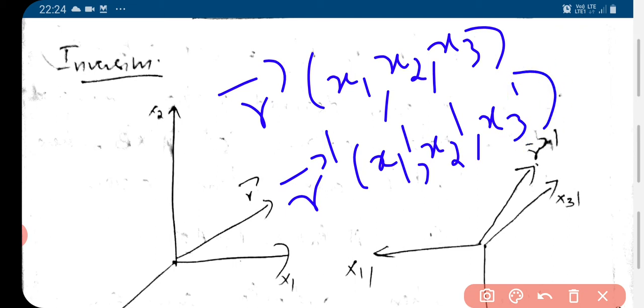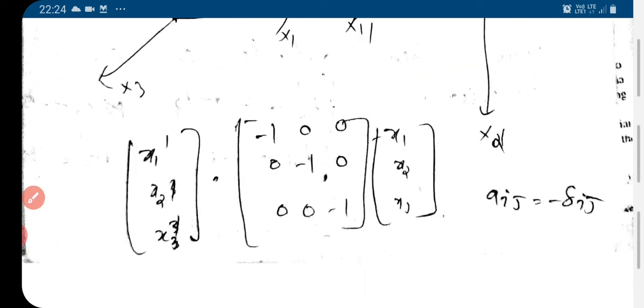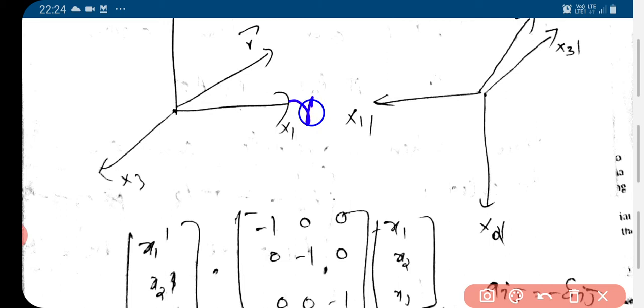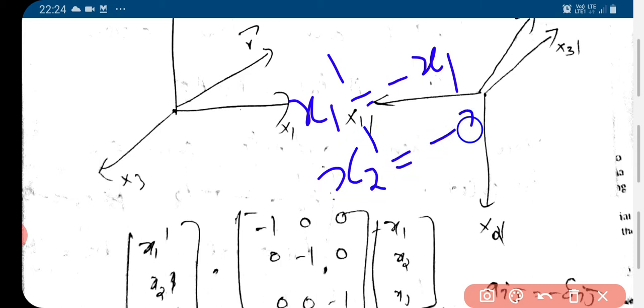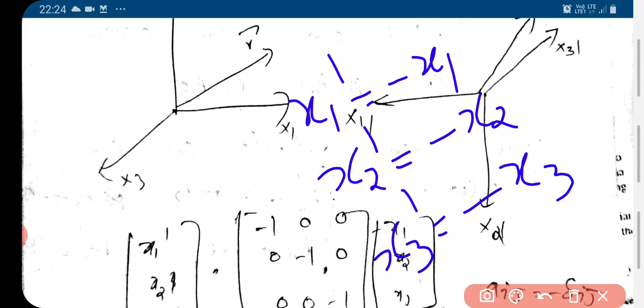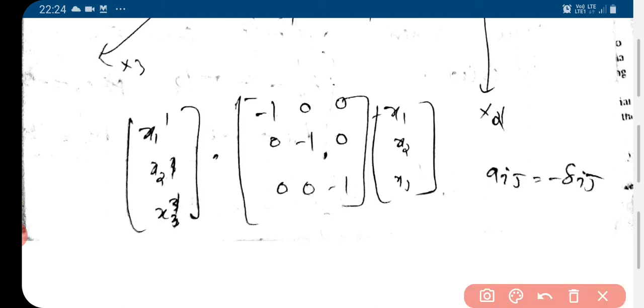And since what we have done is inversion, x1 prime now becomes equal to minus x1, x2 prime equal to minus x2, x3 prime now equal to minus x3. Okay, and we have this transformation: x1 prime, x2 prime, x3 prime equal to the matrix with minus 1 0 0, 0 minus 1 0, 0 0 minus 1, multiplying x1 x2 x3.